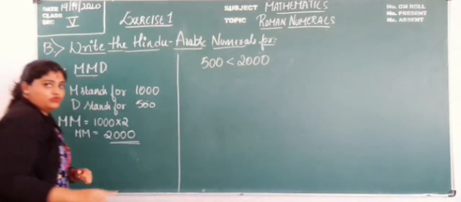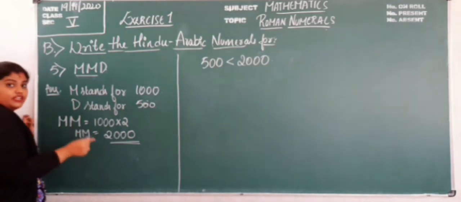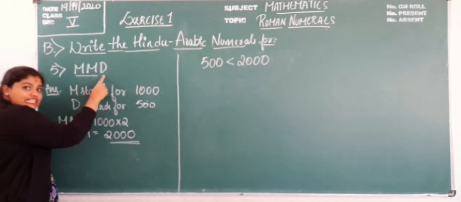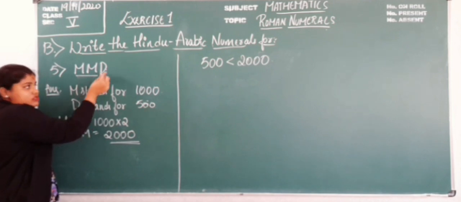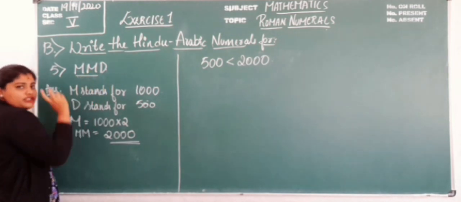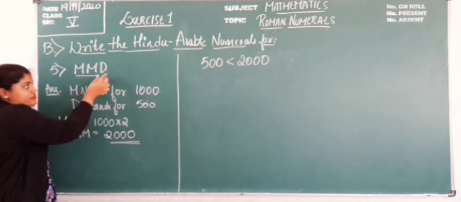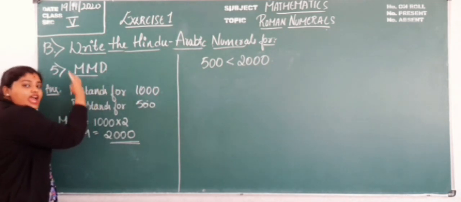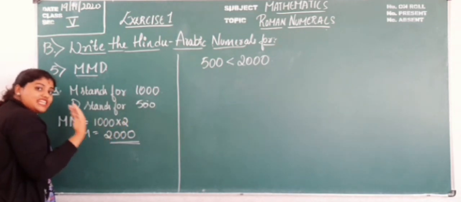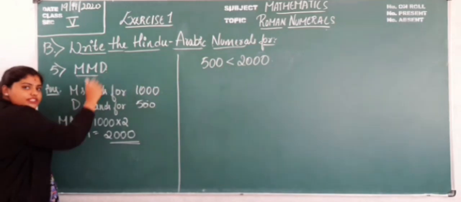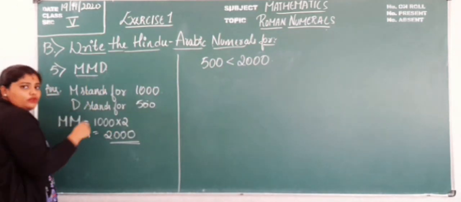We know the rule: if we write a smaller value symbol after the greater value, it is addition. So here the smaller value is written after the greater number, so we are going to add.